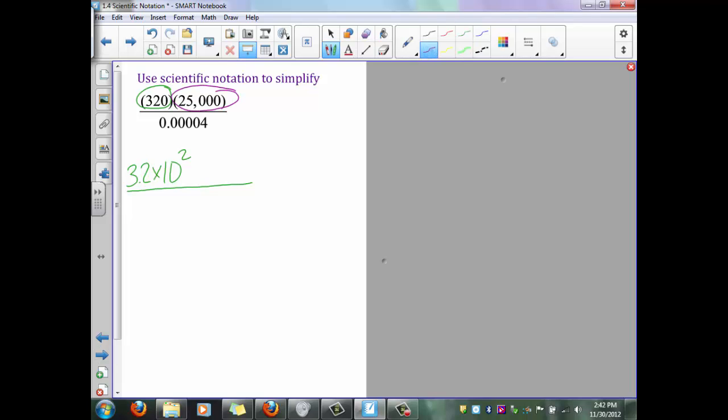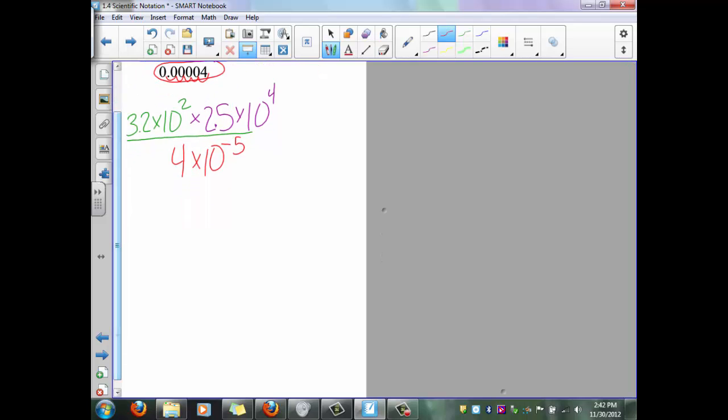This 25,000 can be 2.5 times 10 to the 1, 2, 3, 4. And our denominator can be 4 times 10 to the 1, 2, 3, 4, 5, negative fifth because it's a decimal.